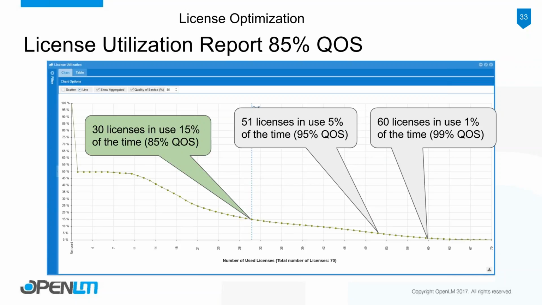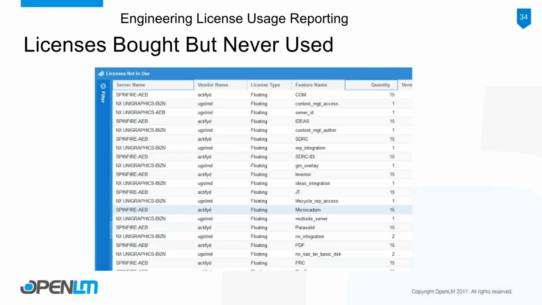But on the other hand, if 95% availability is good enough for you, you don't need more than 51 licenses. In this case, the user requested 95% availability by entering 95 at the top here, and the dotted line will mark how many licenses you actually need.